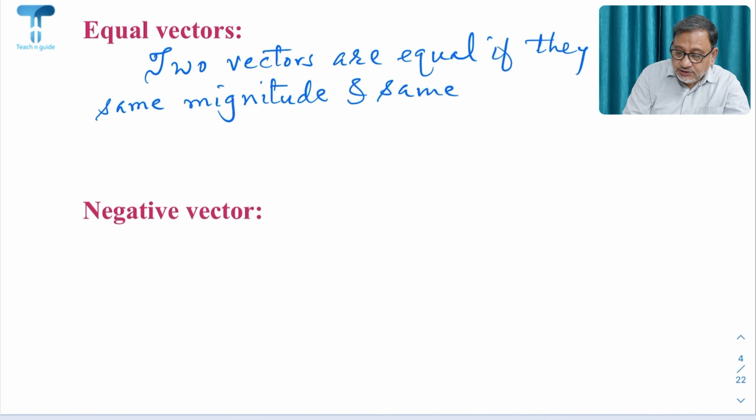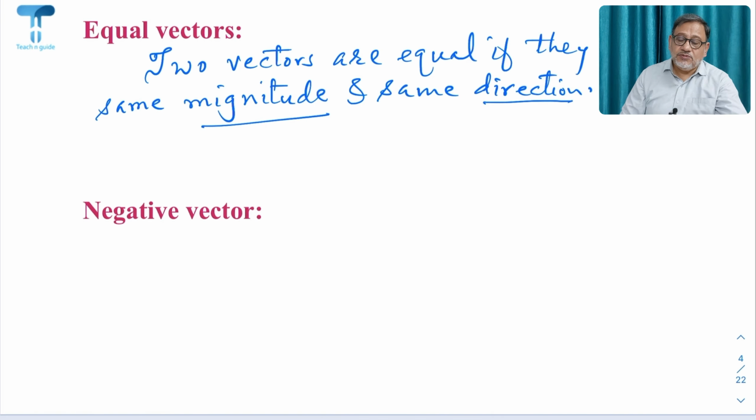Direction is also important, only size is not enough. So magnitude as well as the direction should be the same.